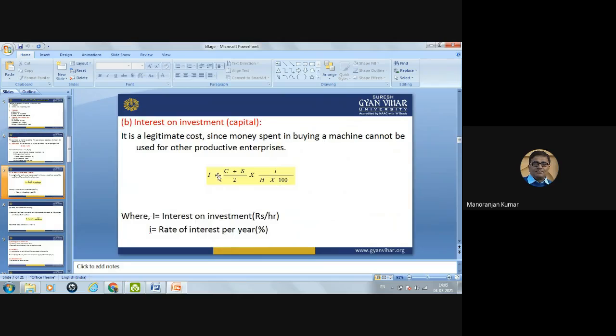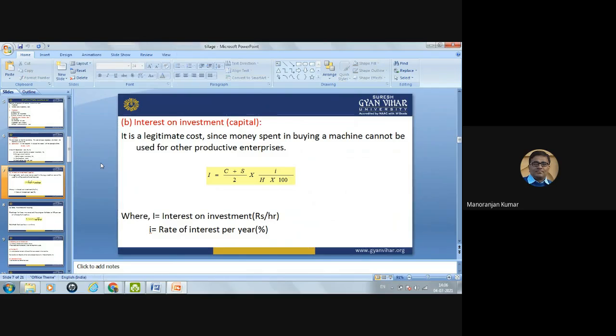Here I is the interest on investment in rupees per hour. With the help of this equation, you can calculate this fixed parameter, the interest on investment. This interest on investment always occurs whether your machine is running or not.